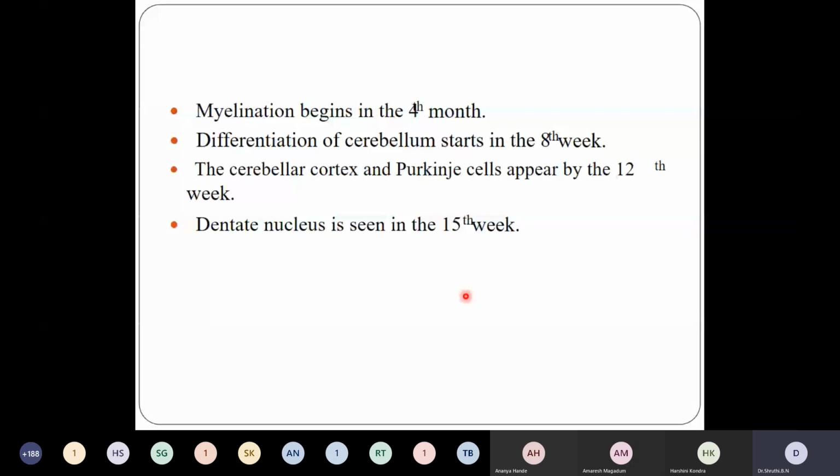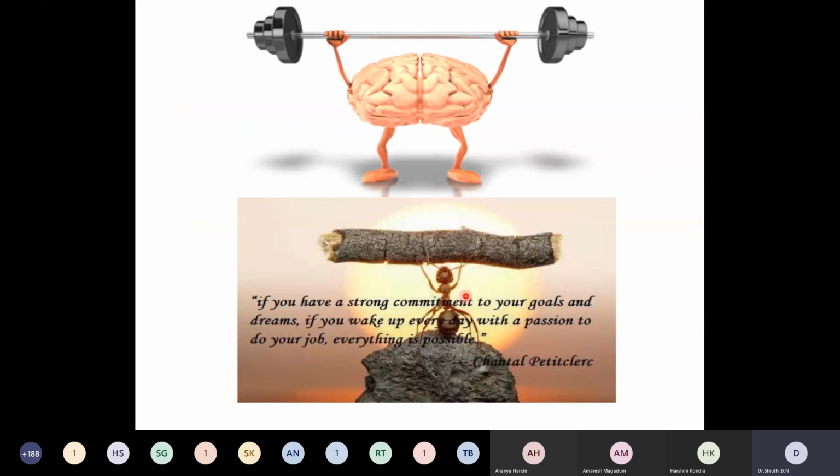Myelination begins in the 4th month, differentiation of the cerebellum at the 8th week, cerebellar cortex appears around the 12th week, and the dentate nucleus is seen in the 15th week. So that is about the development of the nervous system.